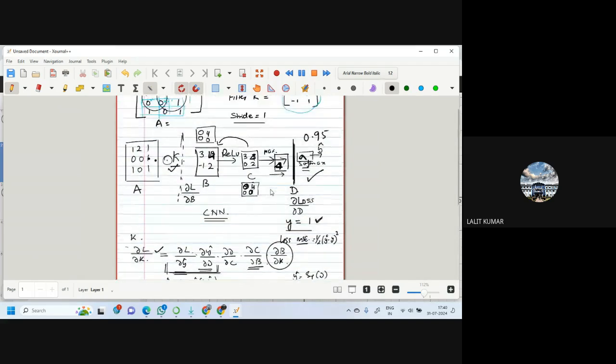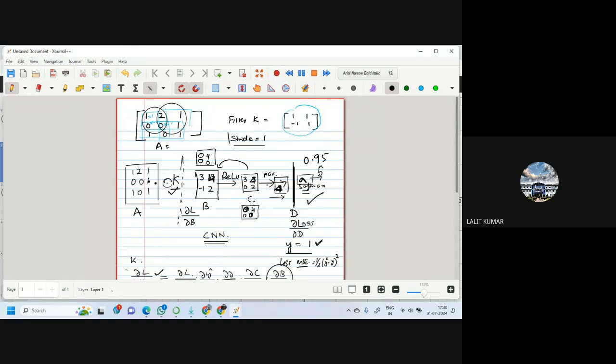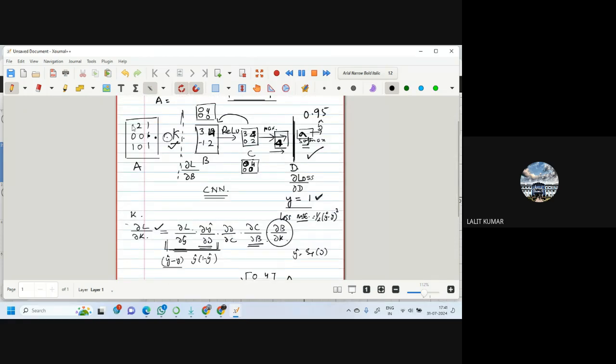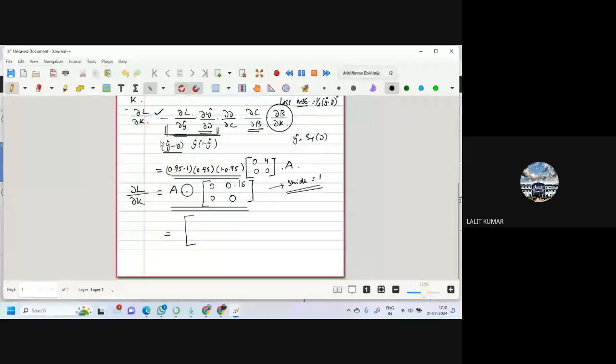Now just as a shortcut, whenever the stride is equal to 1, then to get del L by del K, you just do convolution of the input matrix by this, and you will get del L by del K. But this is valid only for a stride equal to 1. So if you do this, it will become 0, 0, and here one term will come, 0.16 into 2.